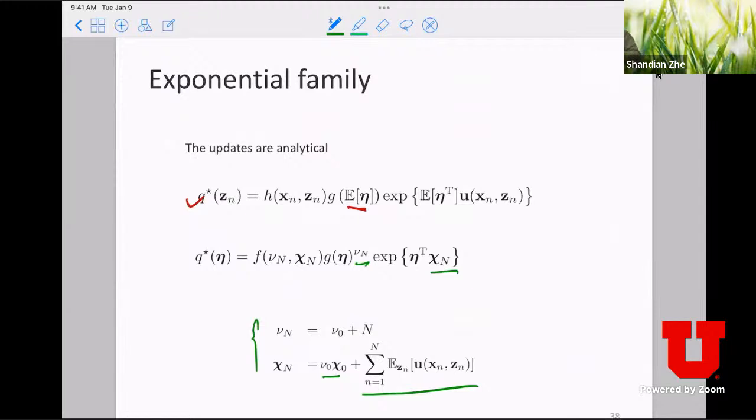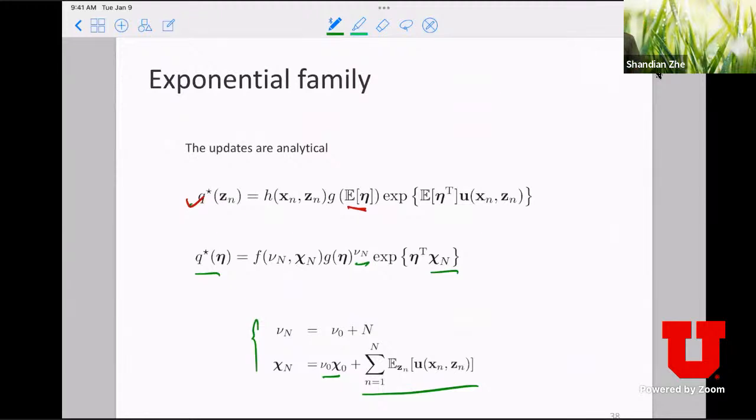And then you can do this alternating update. You fix q of z, you update q of eta, and then you fix q of eta, you update q of z, until these alternating updates converge or the maximum number of updates is reached.